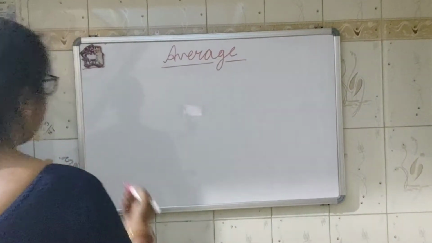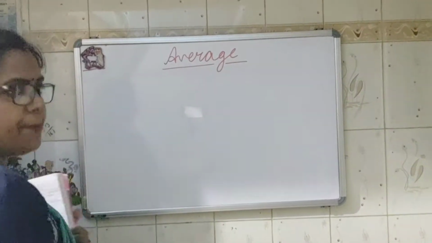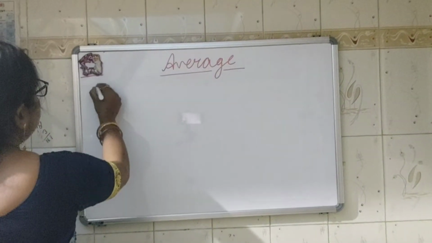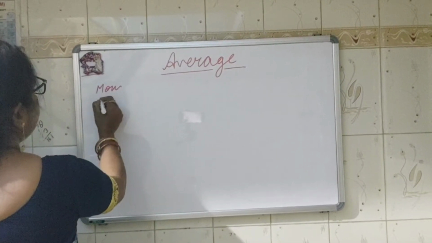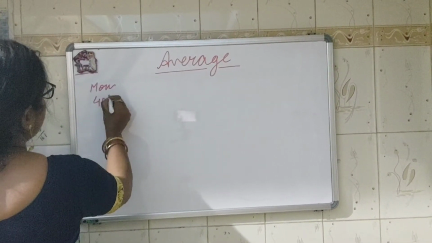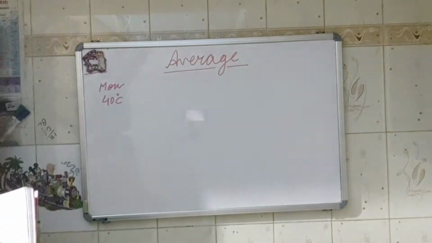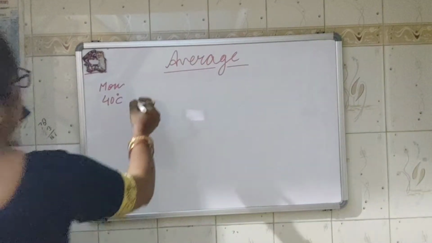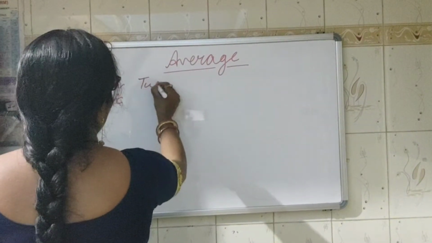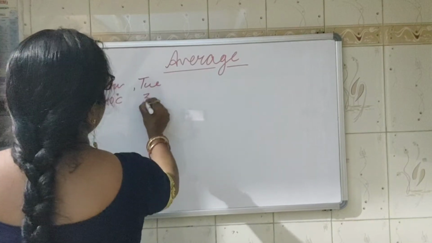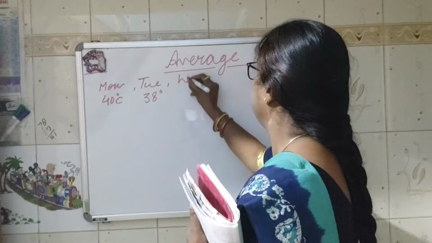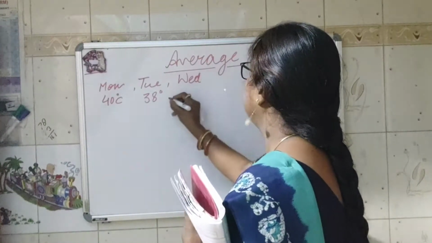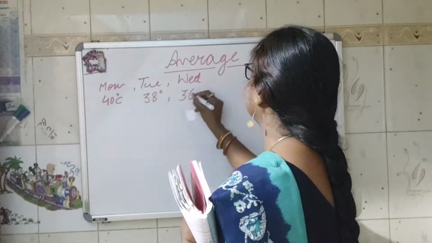So first I'm taking this temperature example only. Monday we had, I am writing a shortcut, Monday we had 40-degree temperature. Temperature is always written in degrees centigrade. Then Tuesday we had 38-degree temperature. Then Wednesday we had 36-degree temperature.